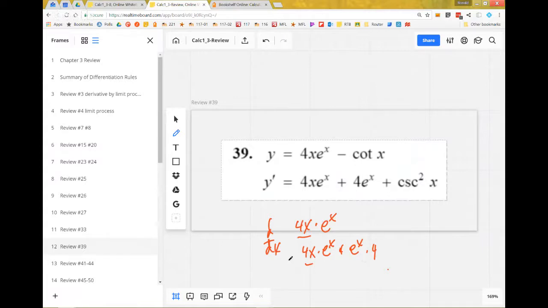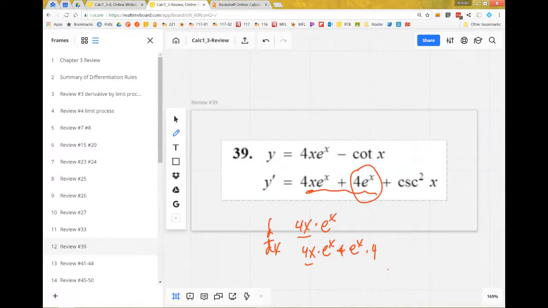So you see how, sorry for the sloppiness, you see how we get these two terms as a result? 4e to the x plus 4 times e to the x. You see where this term comes from?